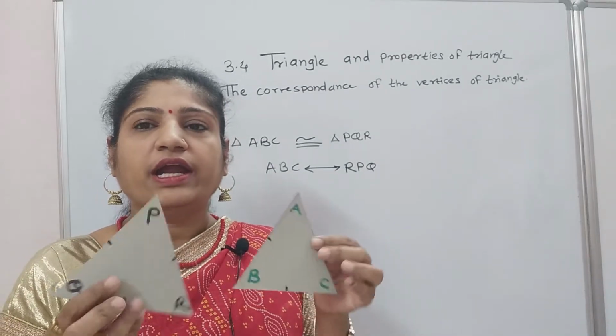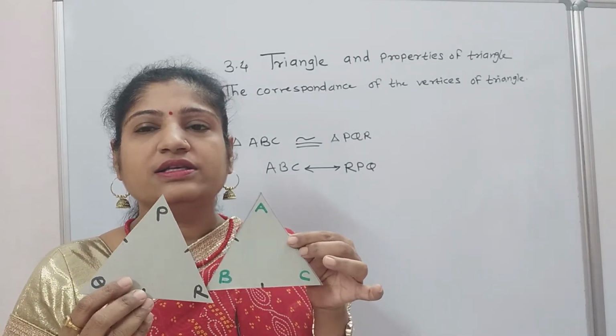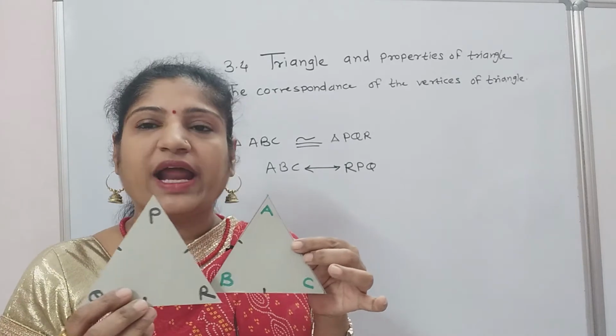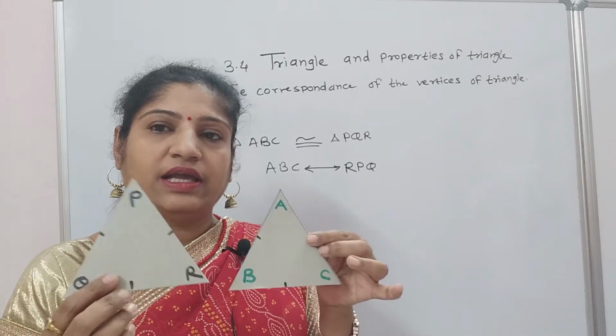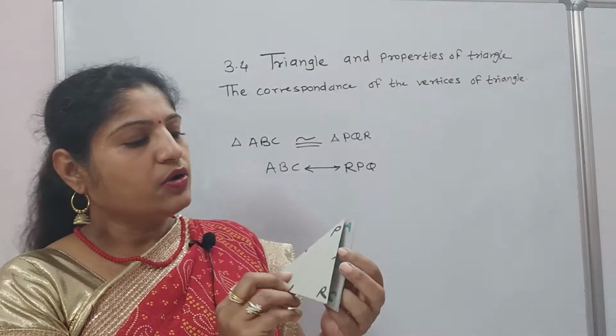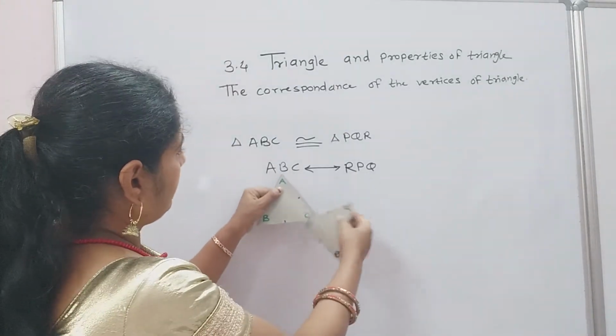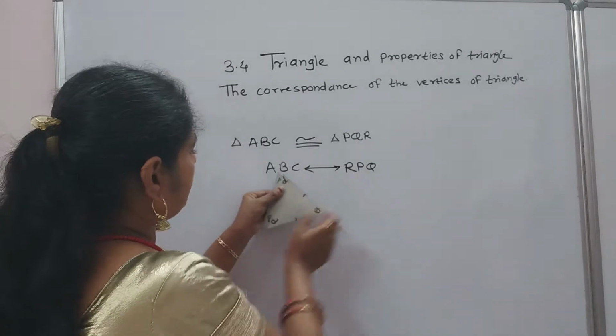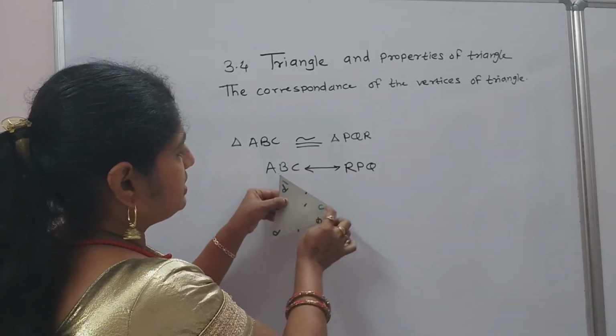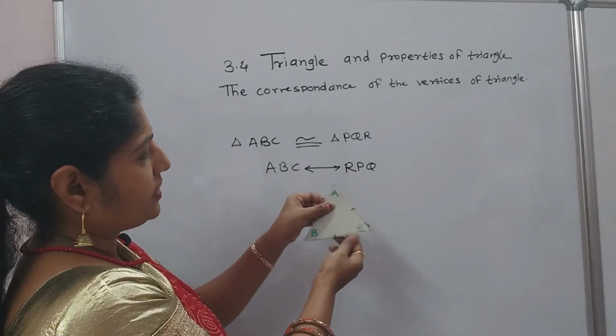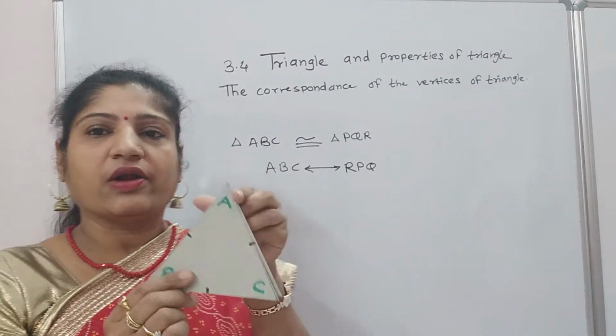But when I take two equilateral triangles, the sides of these two triangles are equal. Now, when I take A as R, AR, BP, and CQ, these two triangles are congruent.